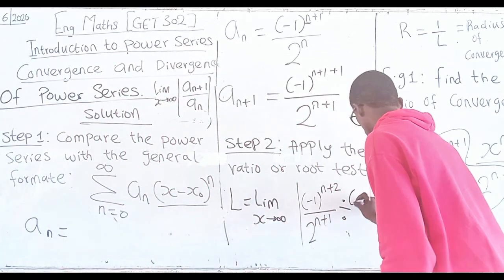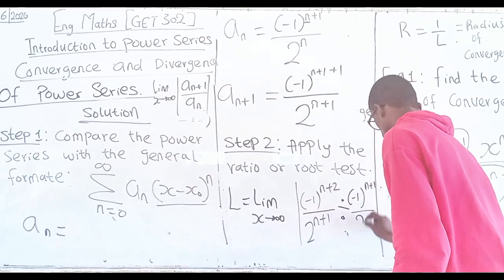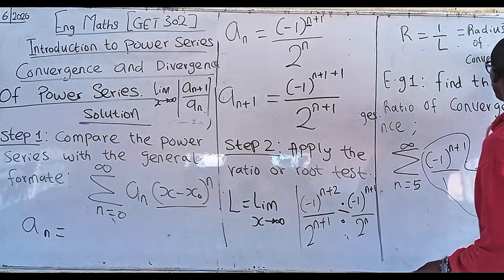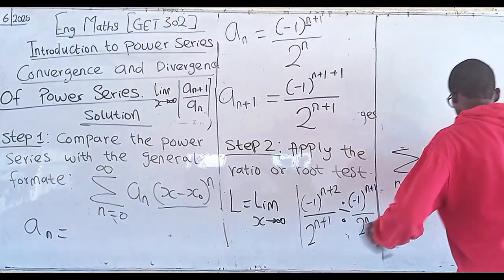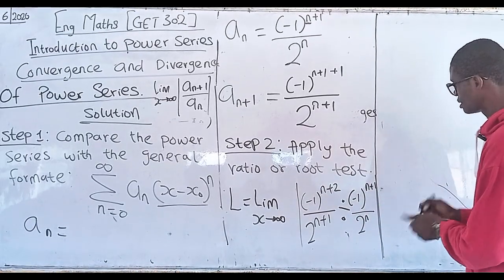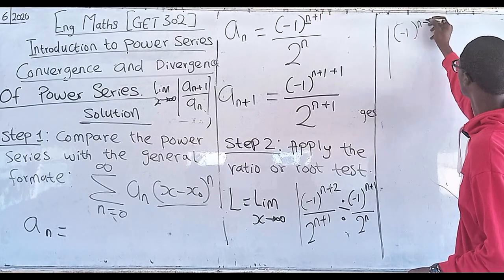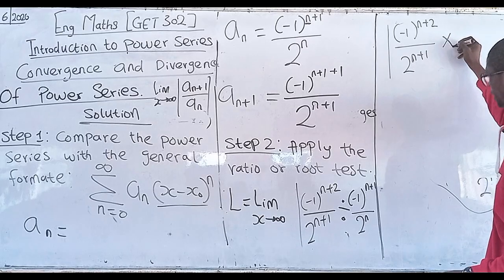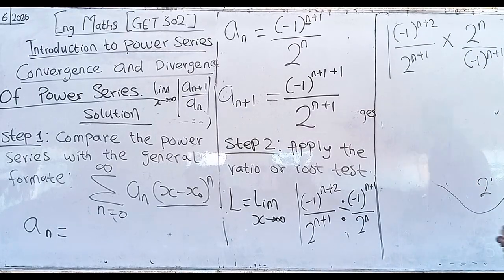Which is (-1)^(n+1) all over 2 raised to the power n, absolute value. So now, applying the law of indices, I can easily evaluate. So evaluating it, we have (-1)^(n+2) all over 2^(n+1) multiplied by 2^n all over (-1)^(n+1), absolute value.